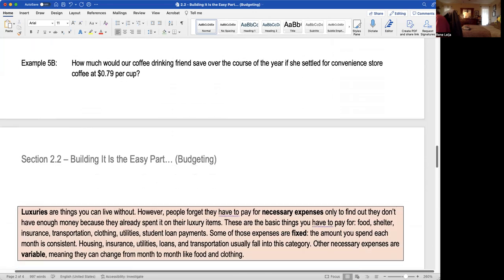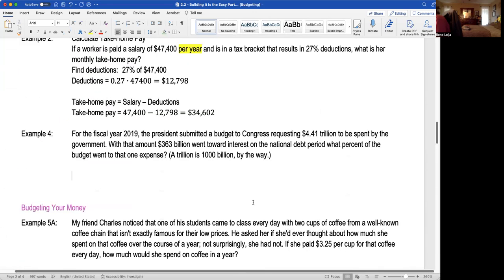Okay. All right. Now, example 4. Okay. So example 4. So for the fiscal year 2019, the president submitted a budget to Congress requesting $4.1 trillion to be spent by the government. With that amount, $363 billion went towards interest on the national debt.